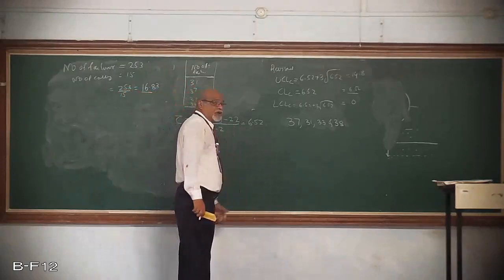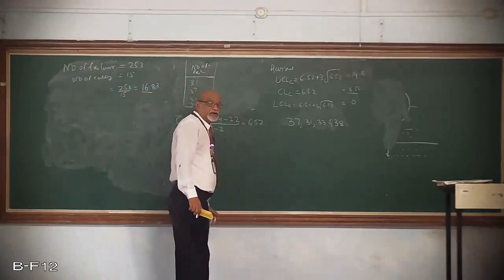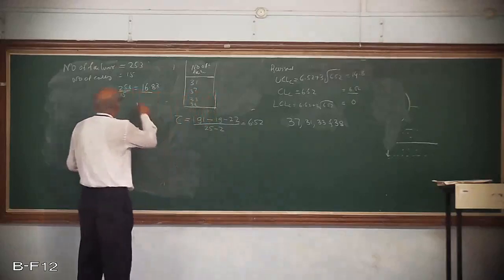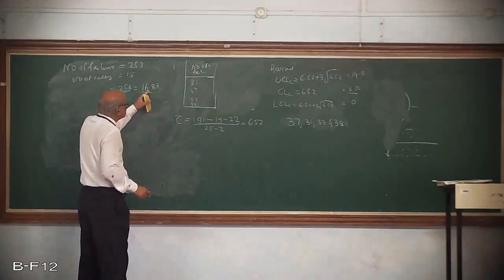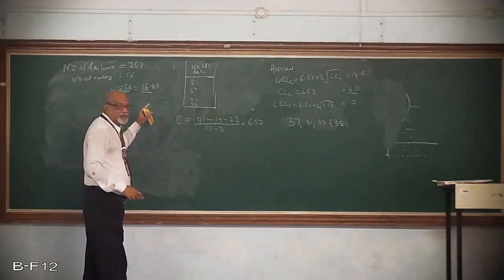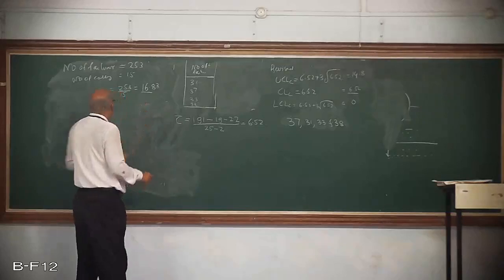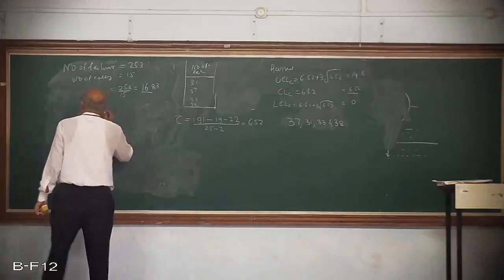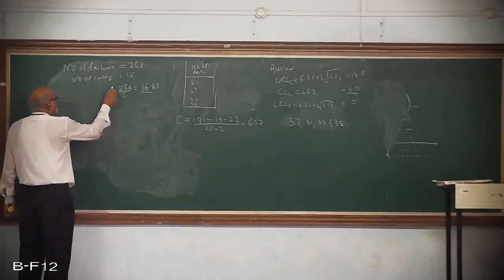Now the upper control limit and lower control limit are to be found out. The square root of 16.83 is approximately 4, I am telling you approximately, not precisely.